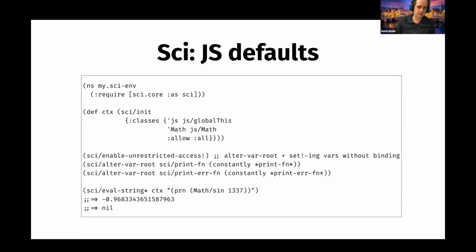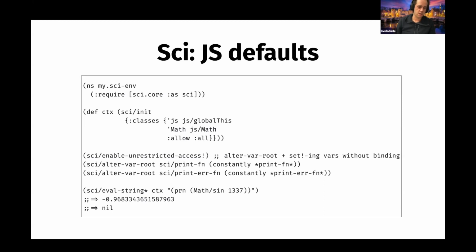So if you want to provide an environment with Sci that gives you access to your whole environment, like Joyride does, Joyride gives you access to VS Code extensions and the global environment, and we don't care. We want to give the user all the power, so it's not a sandbox anymore. But then you can configure it like this. So you say, okay, Sci init, we create a context with classes, and the JS symbol, which represents the global JavaScript environment, and we just pass js/globalThis to it.